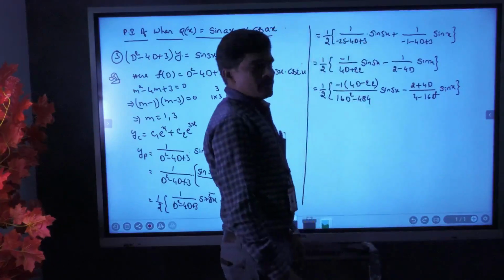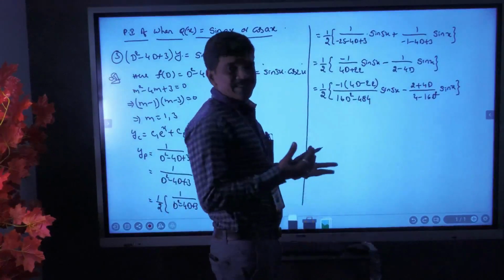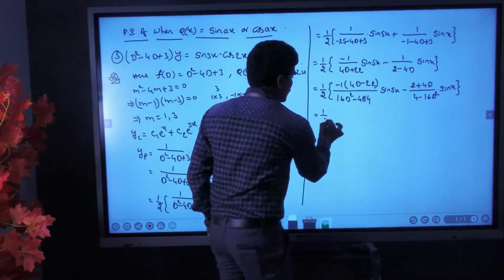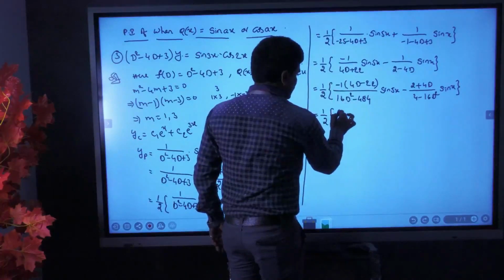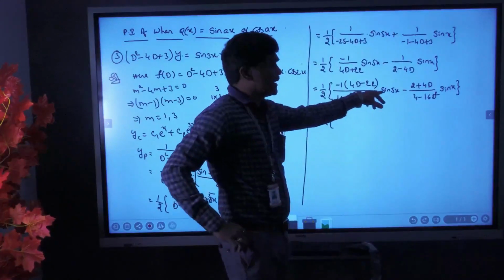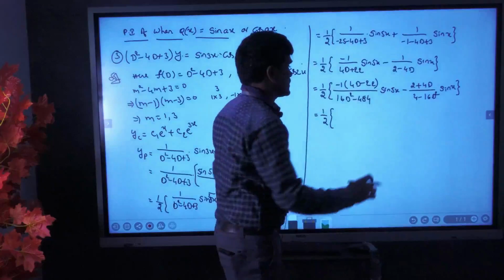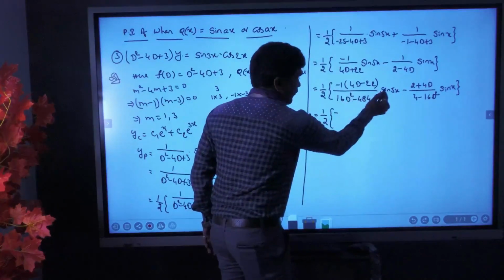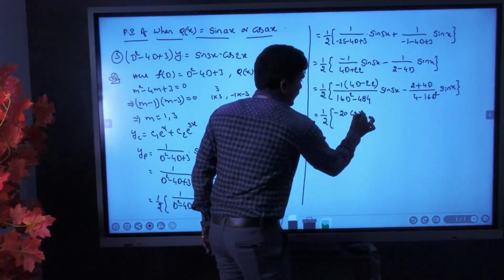Right? Then again here in the denominator we have d square. Then replace d square with minus a square. 1 by 2. Here multiplying minus 4d sin 5x. 4 into derivative of sin x. So derivative of sin ax is a cos ax. So that's why here we get 5 fours are minus 20 cos 5x.